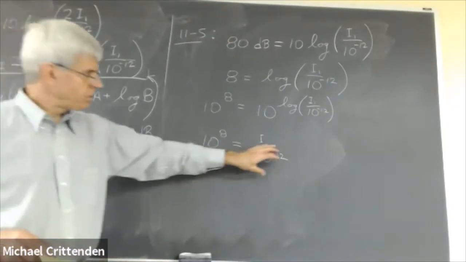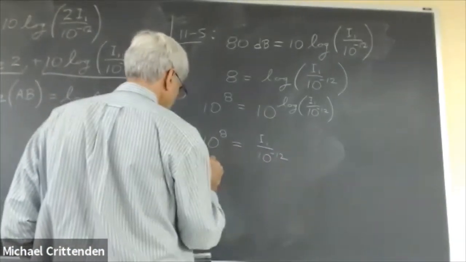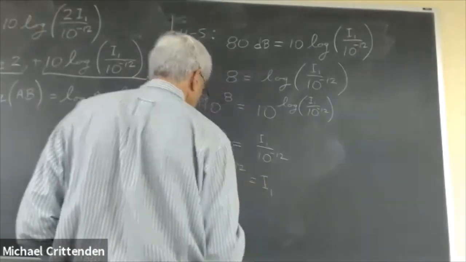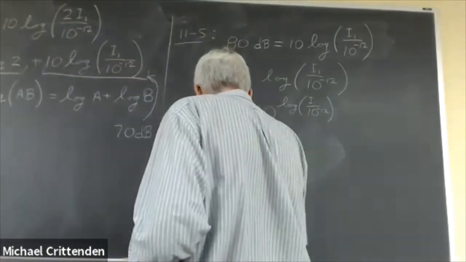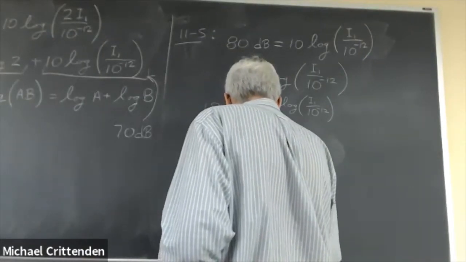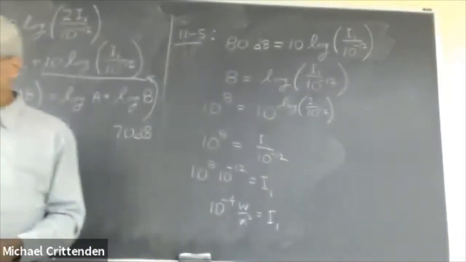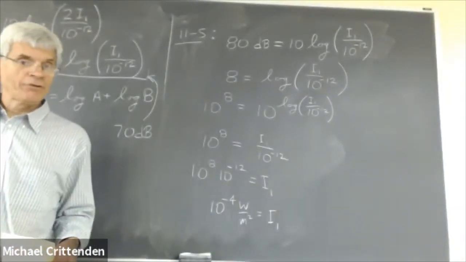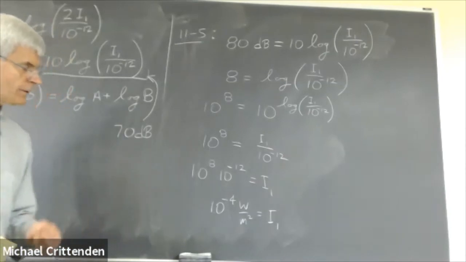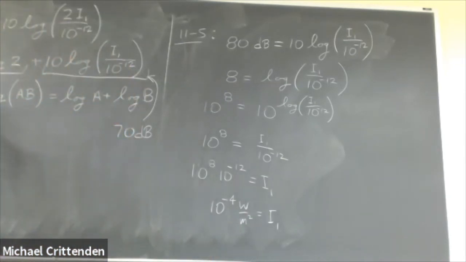So multiply both sides by 10 to the negative 12. If you want to say it in proper scientific notation, I guess it would be 1 times 10 to the negative 4. But that's the intensity that corresponds to 80 decibels.